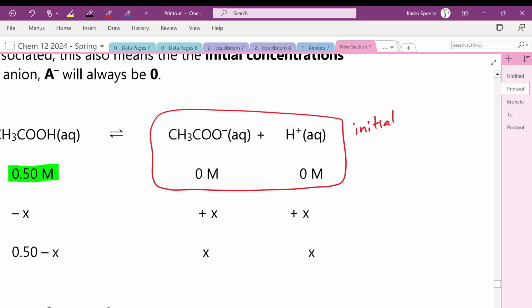So the initial concentration of the dissociated ions is always equal to 0.